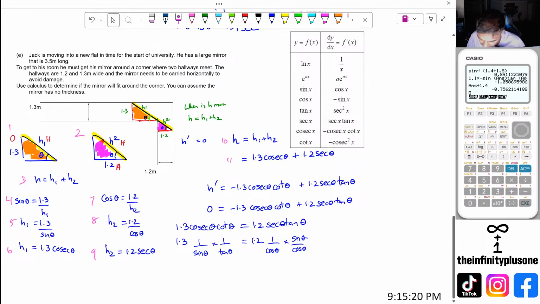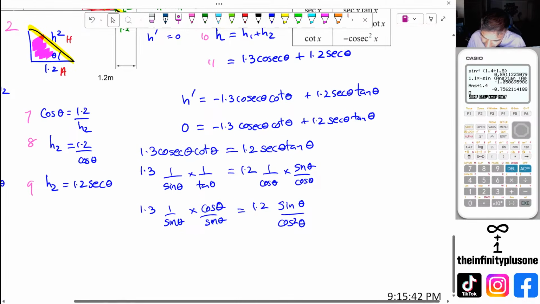Going one more time, I've got 1.3 times 1 over sine theta times cos theta over sine theta, and on the other side 1.2 sine theta over cos squared theta.